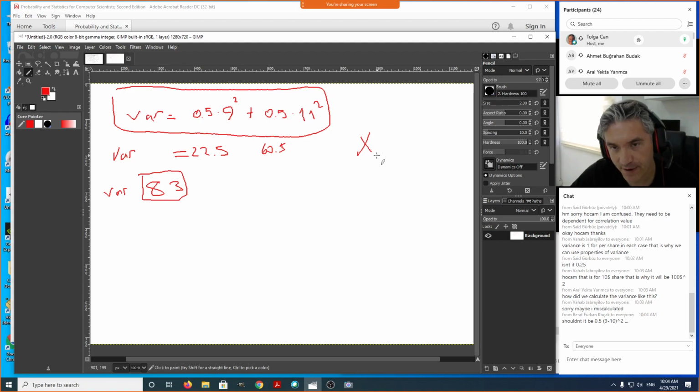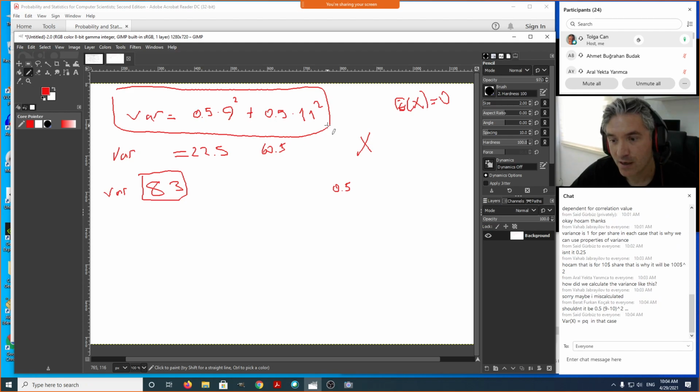If our random variable here is our gain or loss, then the expected value of x in that case will be 0, the expected value of gain or loss. The variance you're computing depends really on the random variable you're computing. If you define x as your gain or loss, you cannot use 9 and 11 in that case, all right?